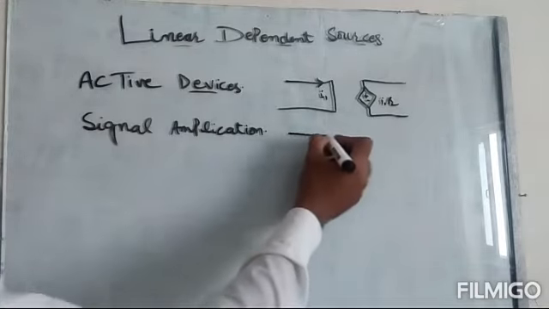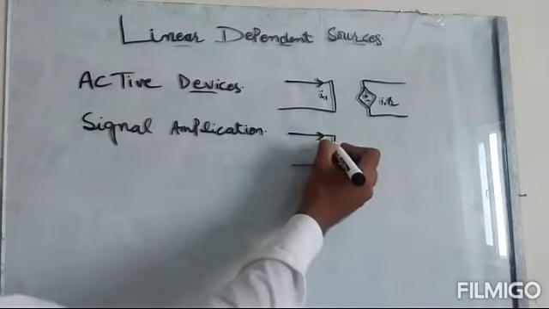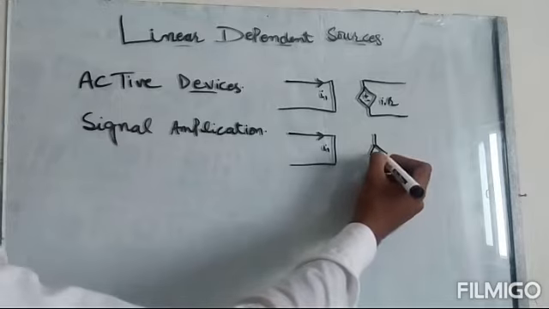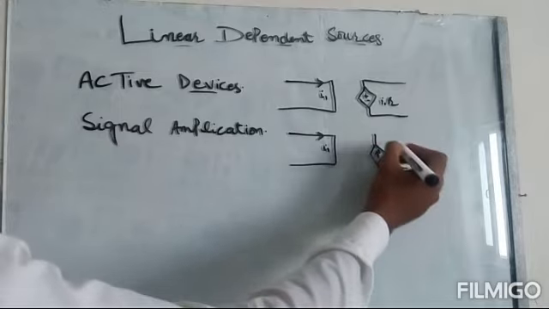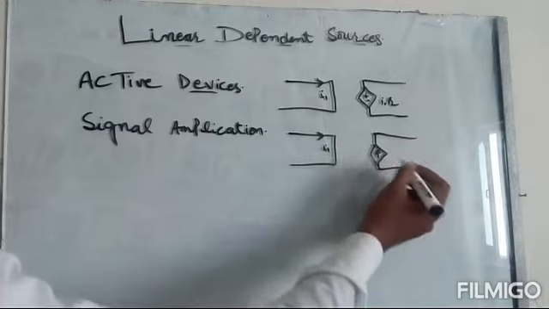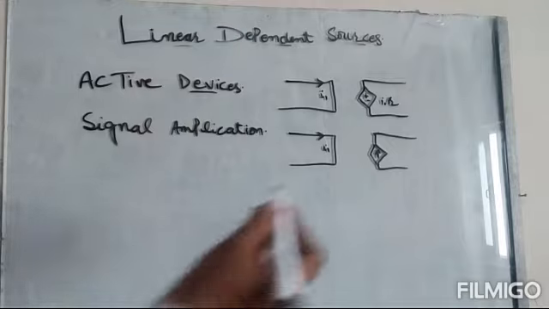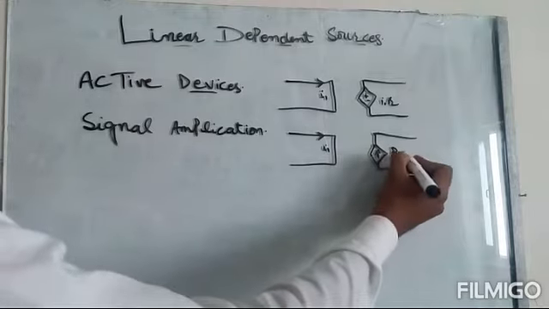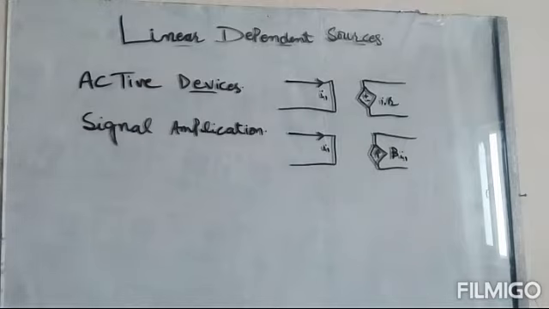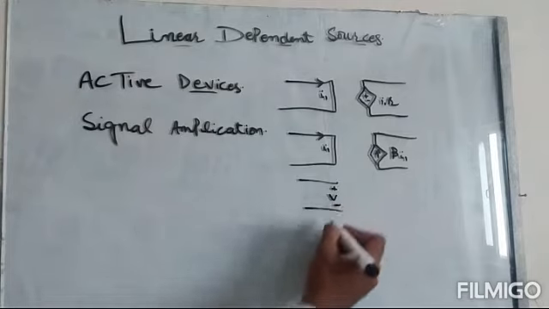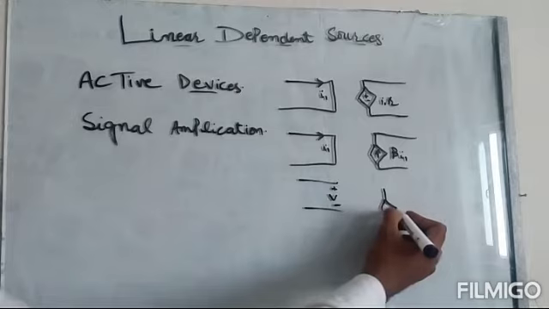Similarly, there can be a current controlled current source. The value of this current source will be beta I1. Similarly, there can be voltage controlled sources, for example, a voltage controlled voltage source or a voltage controlled current source.